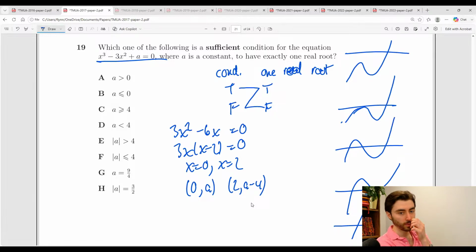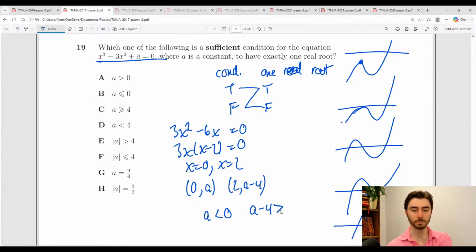Okay, so here's what we need to have exactly one real root. We either need a to be less than 0, or we need this minimum point here with a y coordinate of a minus 4 to be bigger than 0, which means that a is bigger than 4.